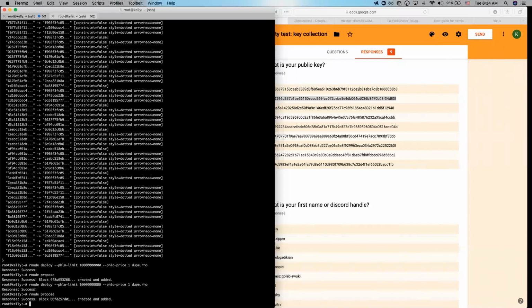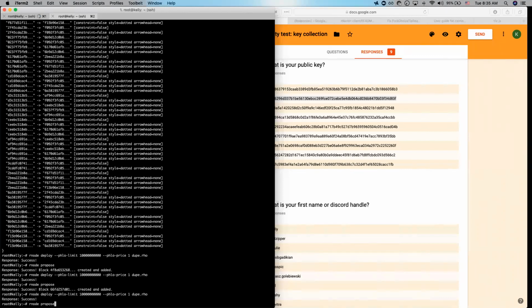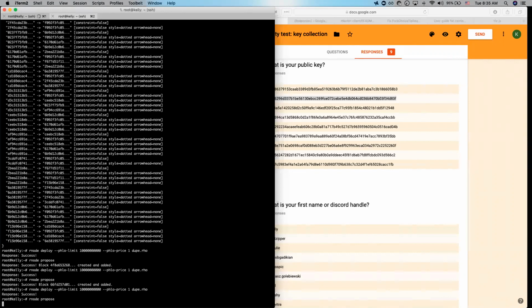So I guess it should be higher. And by the way, the exception logs don't return from the propose, they show up in the RNode docker logs. Do you get what I mean?